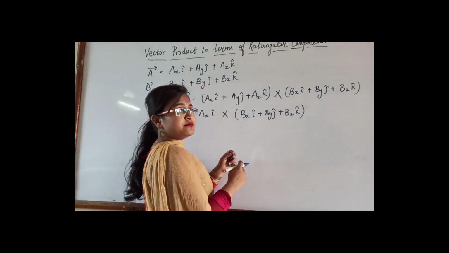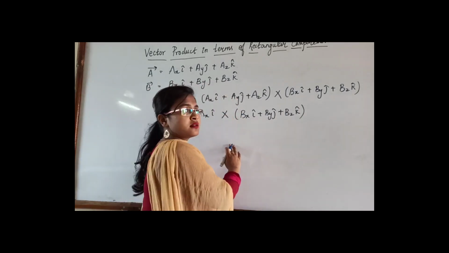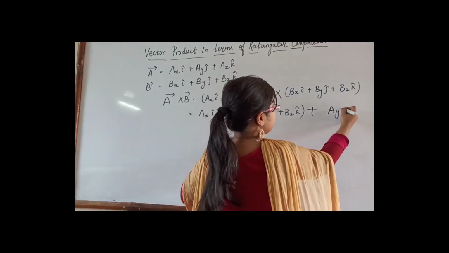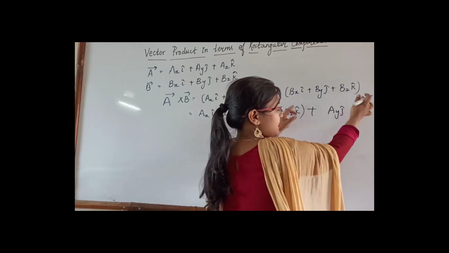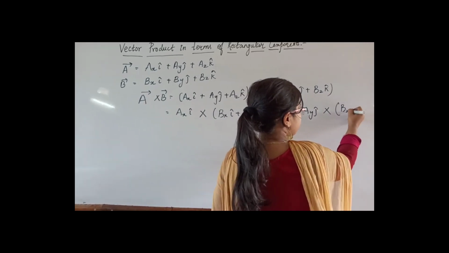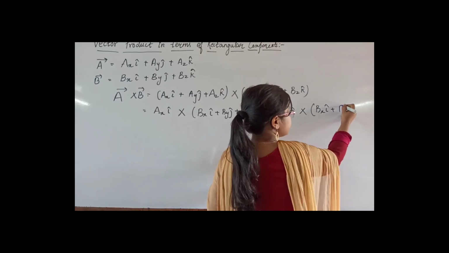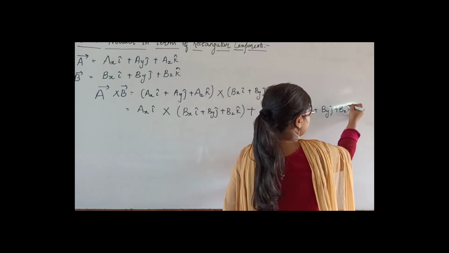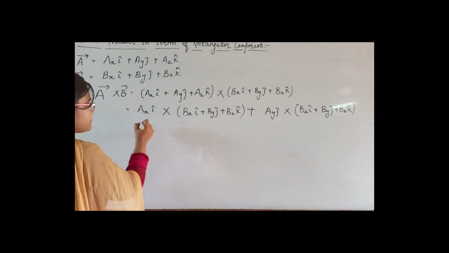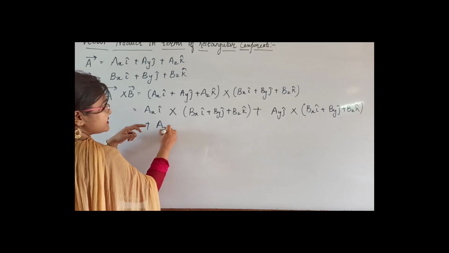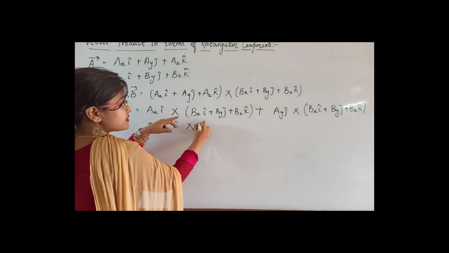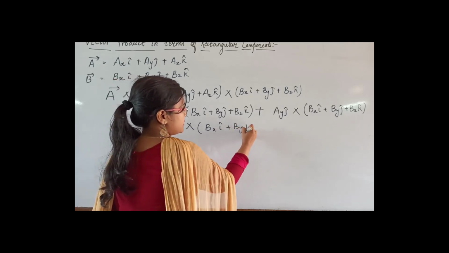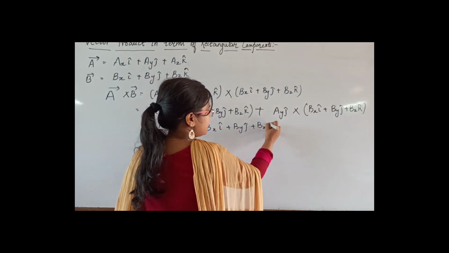Clear? Again, plus Ay J cap cross again Bx I cap plus By J cap plus Bz K cap. And finally, Az K cap cross Bx I cap plus By J cap plus Bz K cap.